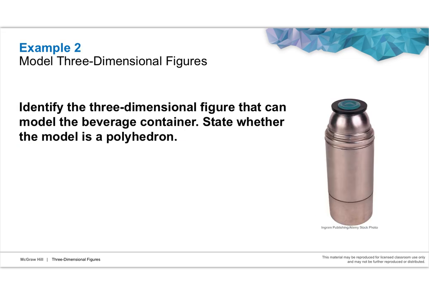In example 2, and we're on page 109 here, we're going to take these new concepts of three-dimensional solids and think about what kind of solid can model a three-dimensional figure in real life. So we identify this three-dimensional figure modeled by this thermos or beverage container, and we're going to state whether the model is a polyhedron.